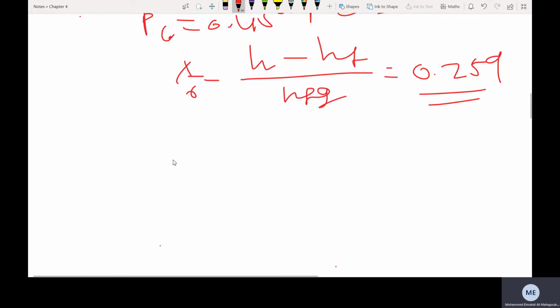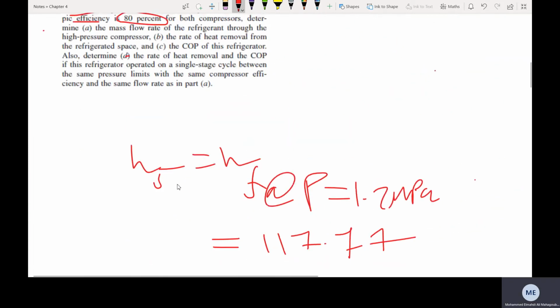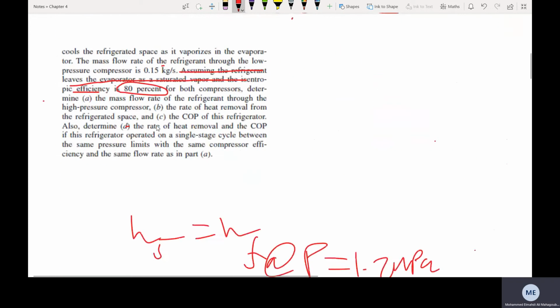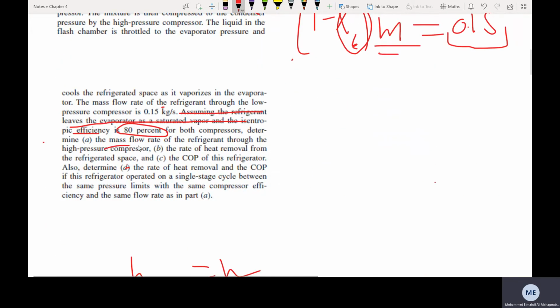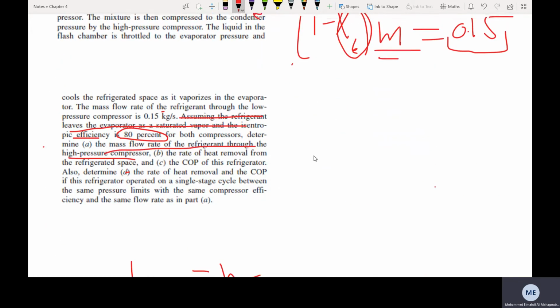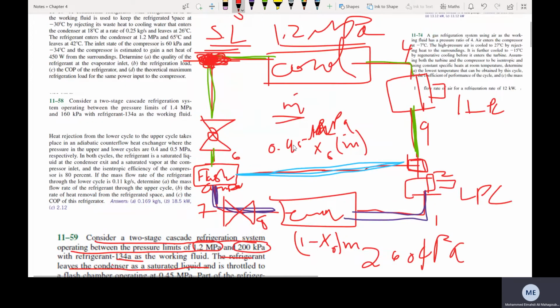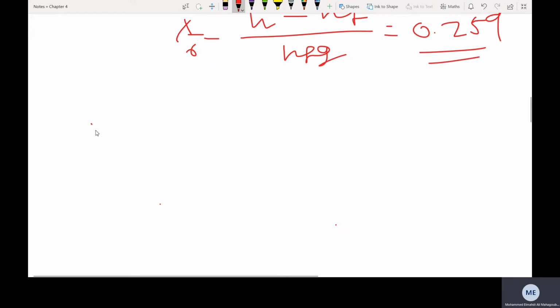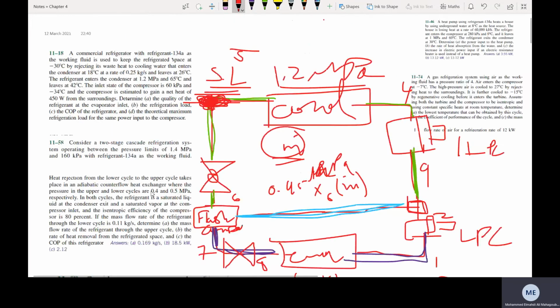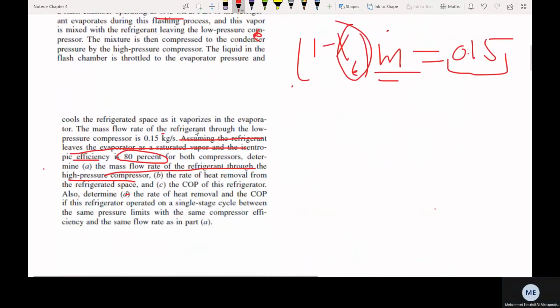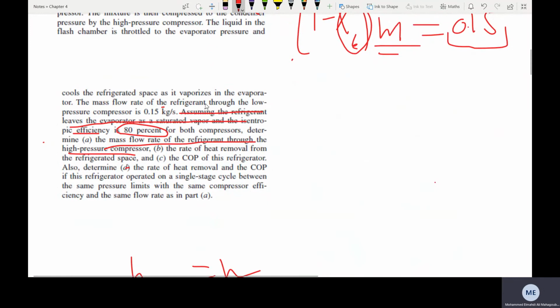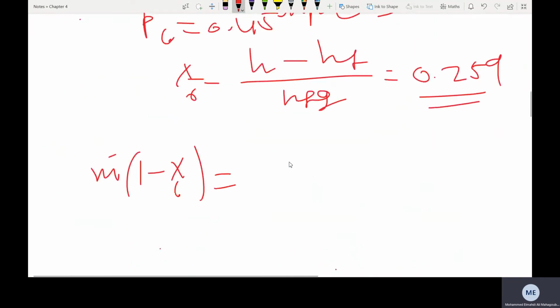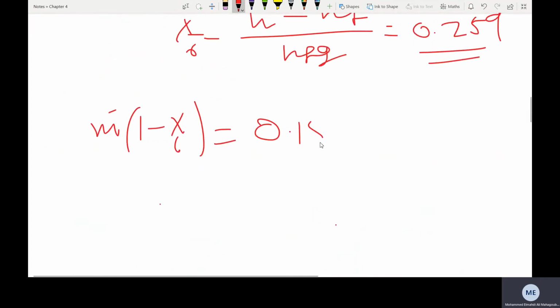Okay, what is the mass flow rate now? What is the mass flow rate of the cycle, as the question tells me? The mass flow rate of the refrigerant through the high pressure compressor is the total mass flow rate of the cycle. So you gave me m dot multiplied by 1 minus x6, the one through the low pressure compressor, and you told me that this is 0.15.